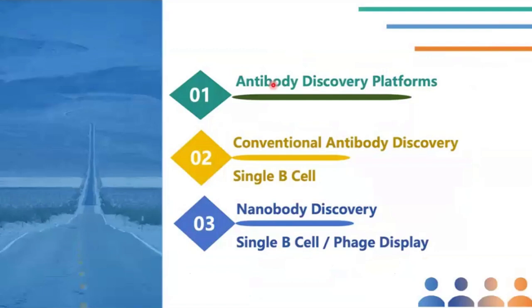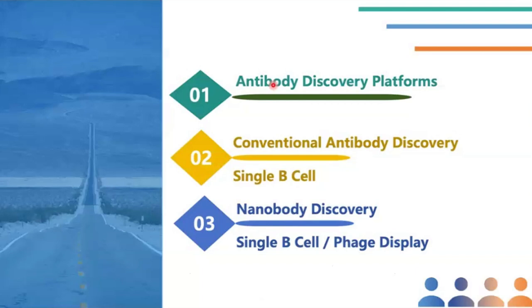So for today's webinar, there will be three different parts. The first part will be a very quick introduction about different classic antibody discovery platforms or some novel platforms that you may or may not know. The second part is the single B cell platform, the introduction from our CUSABIO company, and how we use this platform to discover conventional antibodies, like the murine monoclonal antibody.